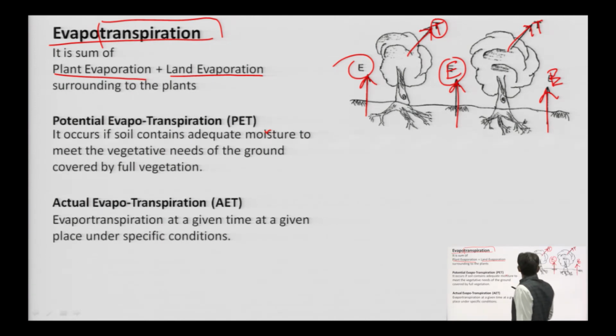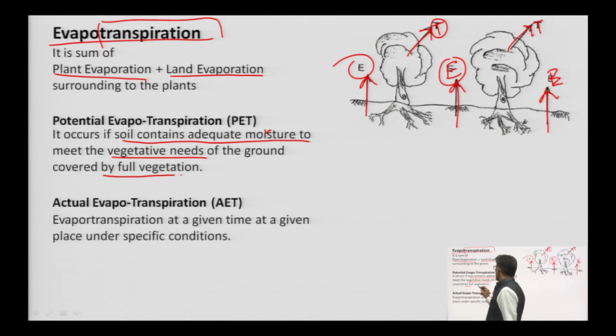To calculate this, we have two types of evapotranspiration, potential and actual. What is potential evapotranspiration? Potential evapotranspiration occurs if the soil contains adequate moisture to meet the vegetative need of the ground covered by full vegetation.